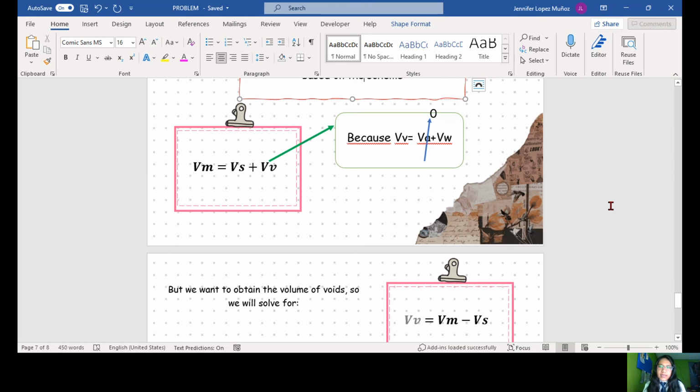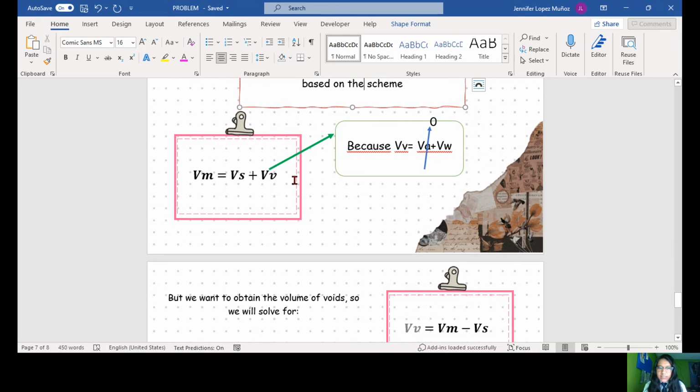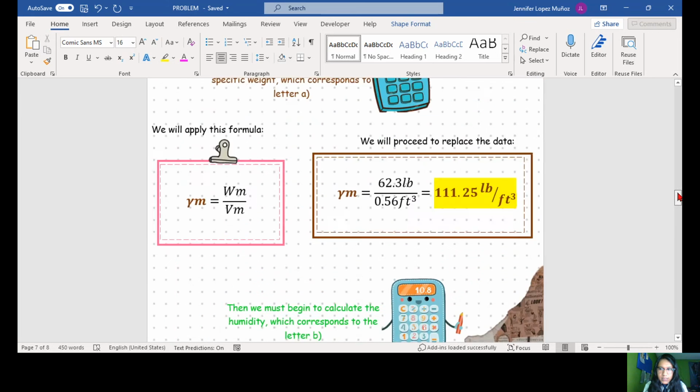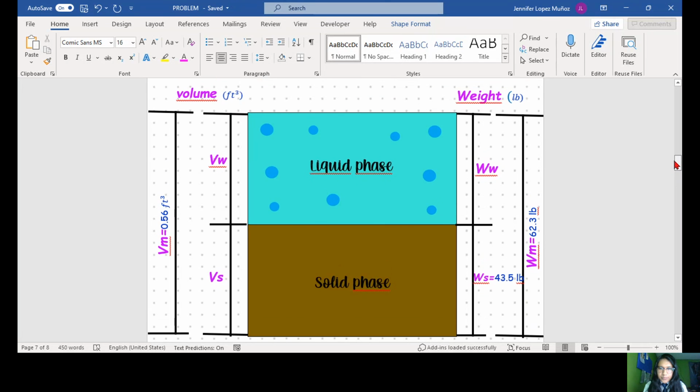In these problems, I always don't have the air volume, and I have the water volume. This void volume is equal to the water volume, and I don't have the air volume. Okay, this formula corresponds to the picture.